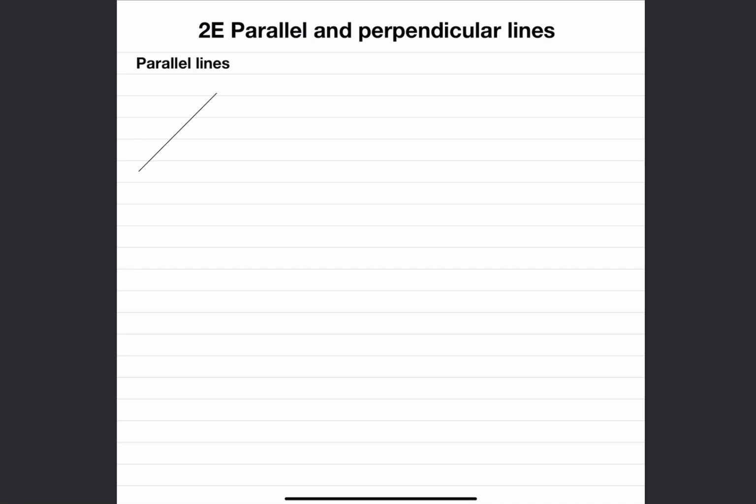So if you have two straight lines like that, they are parallel. So we're going to list their equations, which are in the general form. So y equals m1x plus c1, and this one we have y equals m2x plus c2.